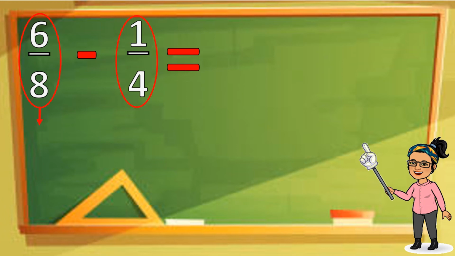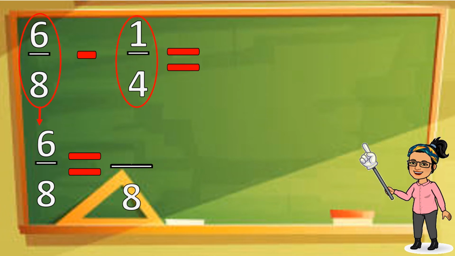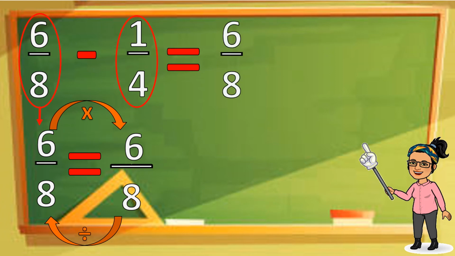But if we want to check, let's do what we did earlier, which is to change the denominator to the LCD of the fractions, and then we just divide and then multiply. 8 divided by 8 is 1, and 1 times 6 is 6. So 6/8 will still be 6/8. Did you get that?